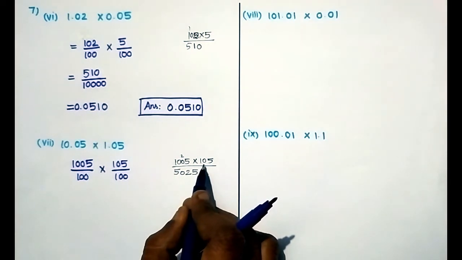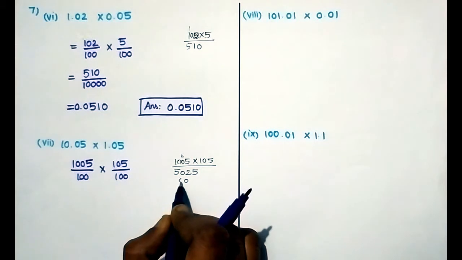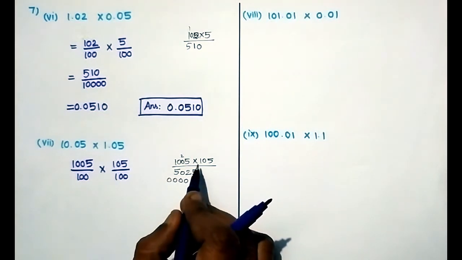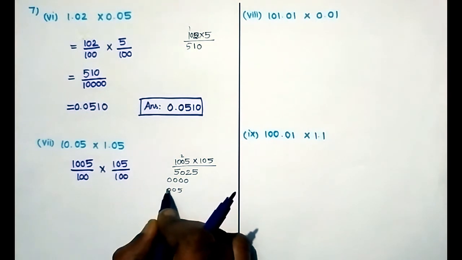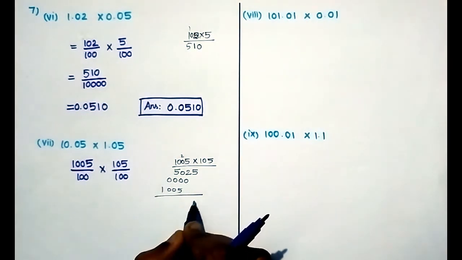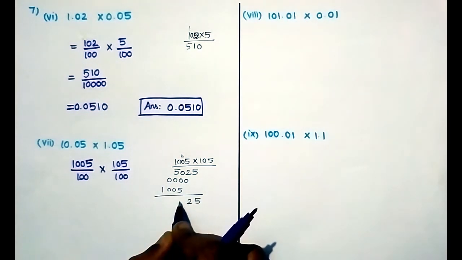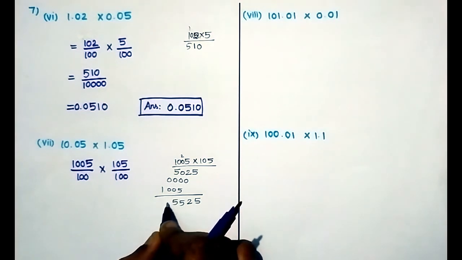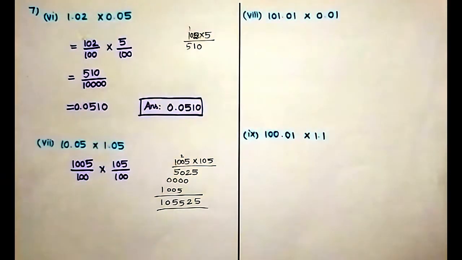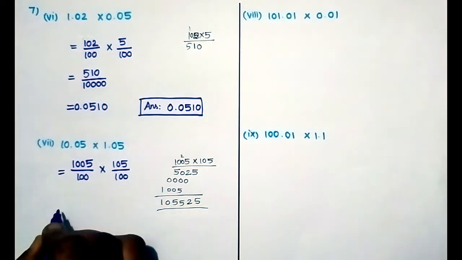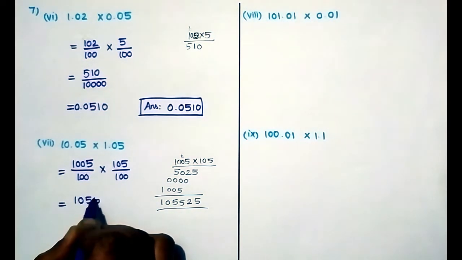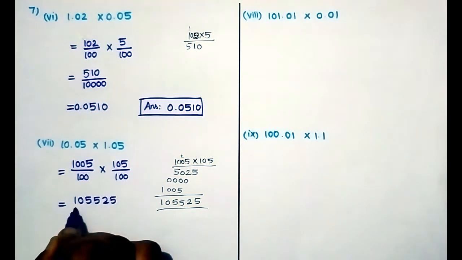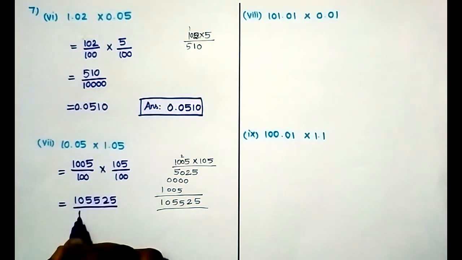Next 0, put 0 for that, and then the first table same answer we have to get, and then 105525 divided by 1 with 4 zeros.